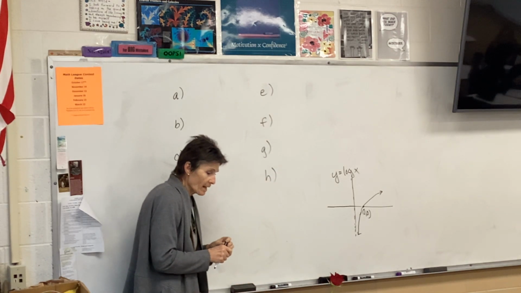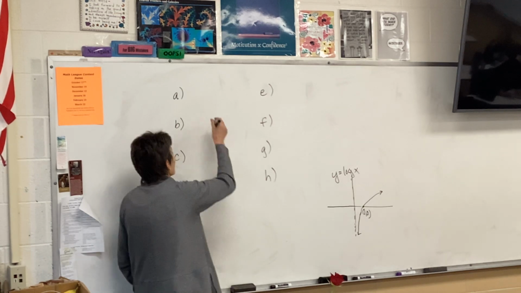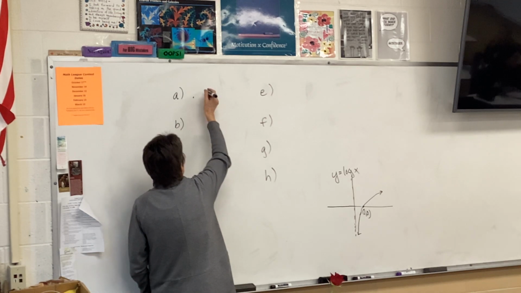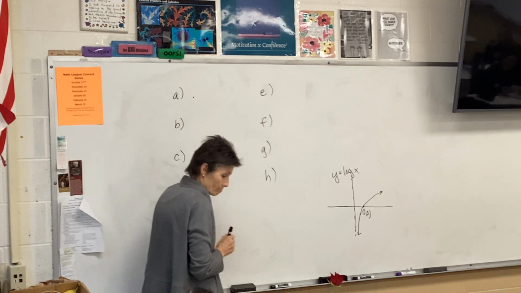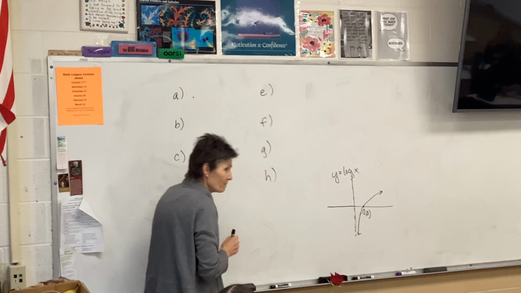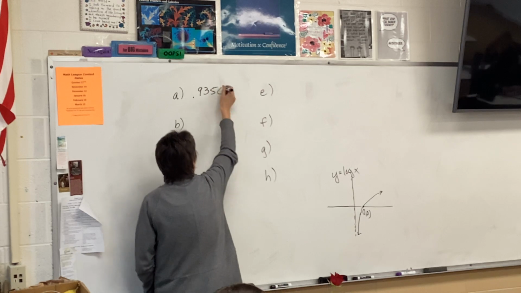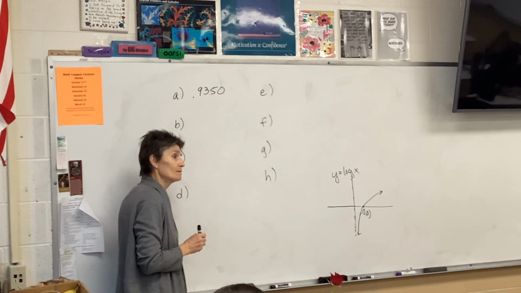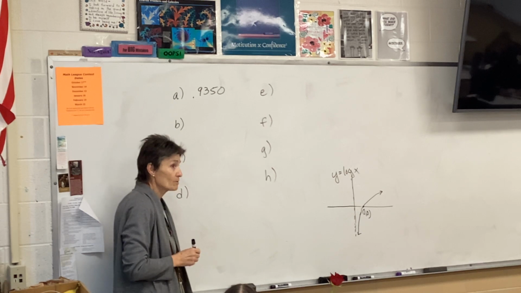Anybody get an answer to A you're willing to share? Yes. What? 9,350. I got .9350. Sorry, this is my mistake right here. When we were talking about it earlier, do we move the decimal point over at all? No, whatever the calculator says is the answer.